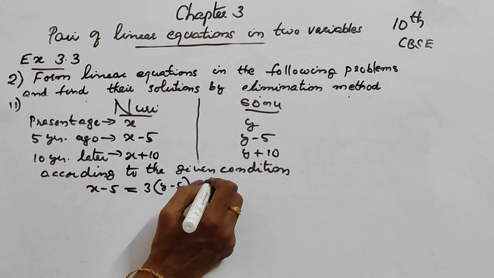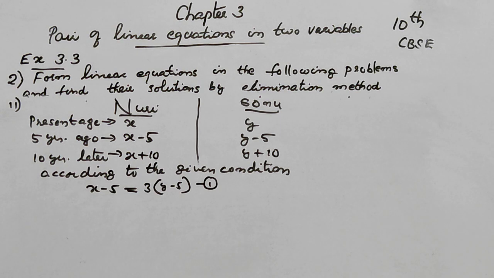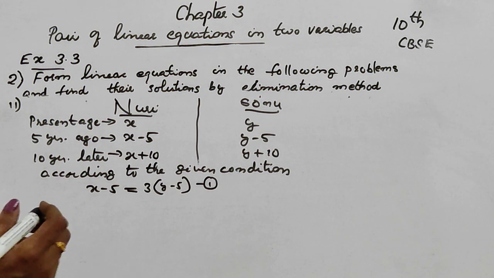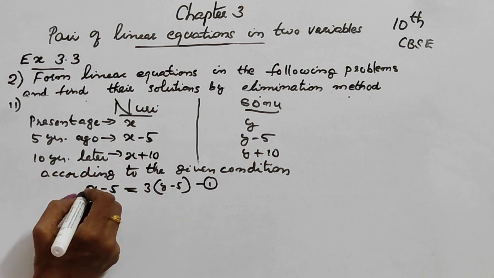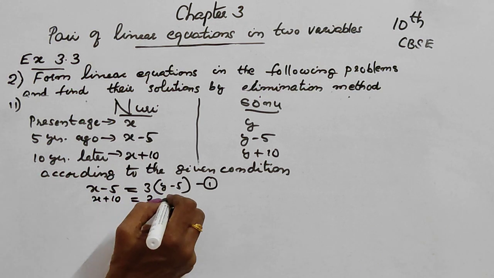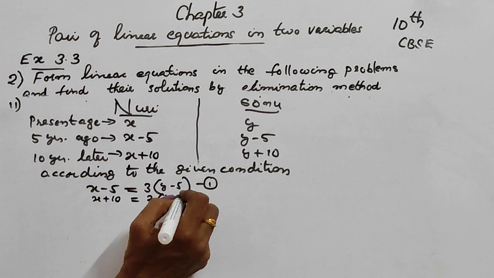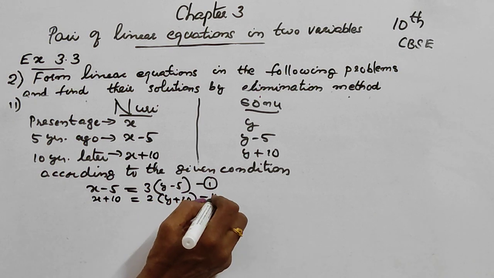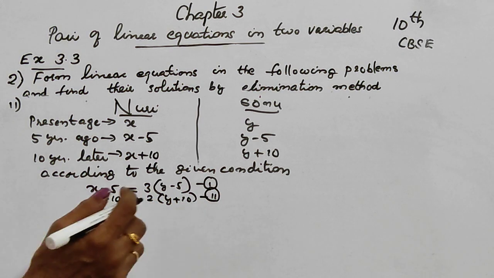This is equation number 1. Now 10 years later, Nouri is twice. After 10 years the age x plus 10 is equal to 2 times Sonu's age, y plus 10. This is equation number 2.